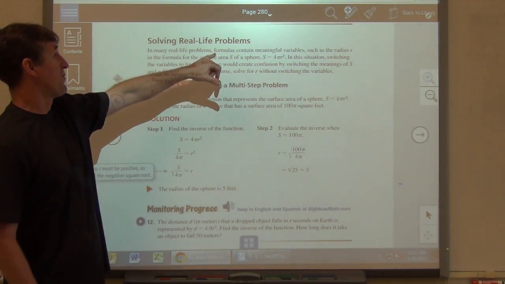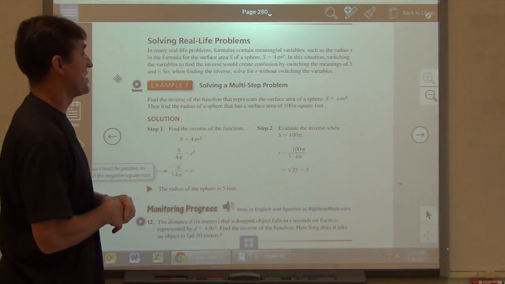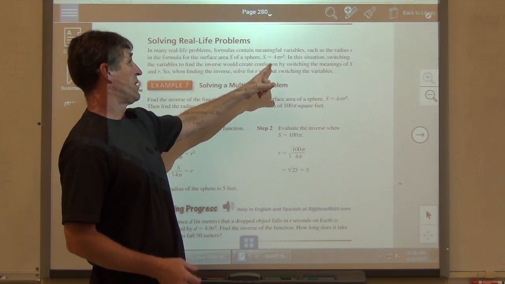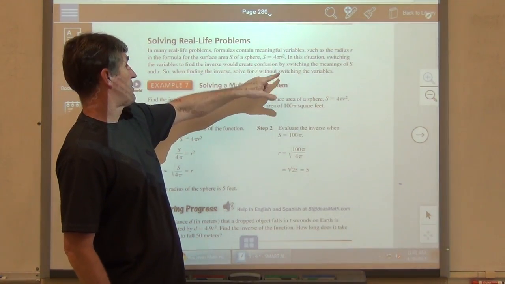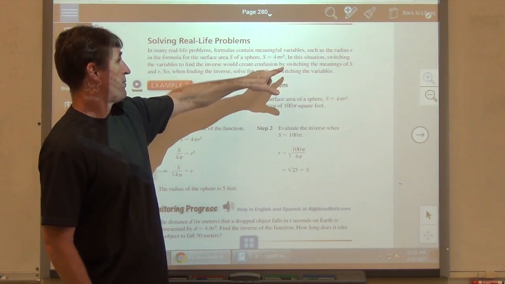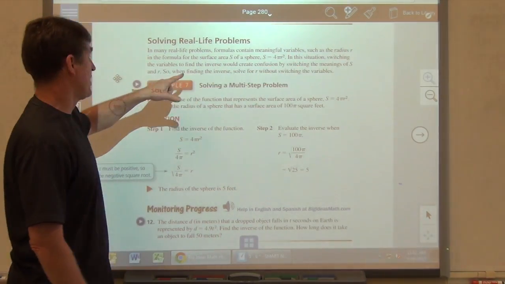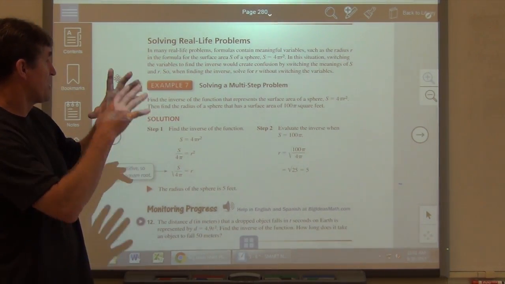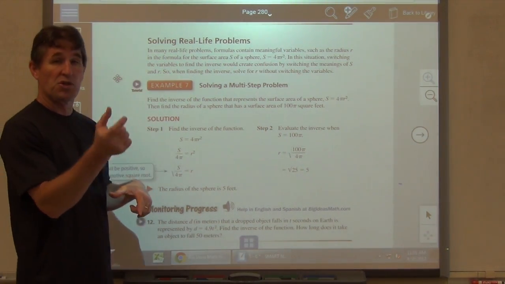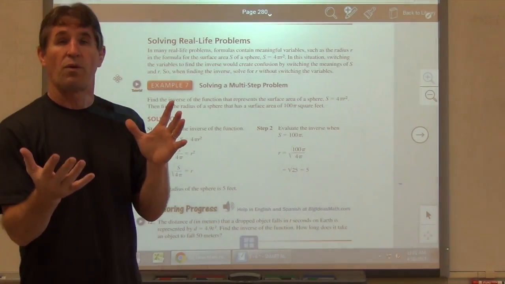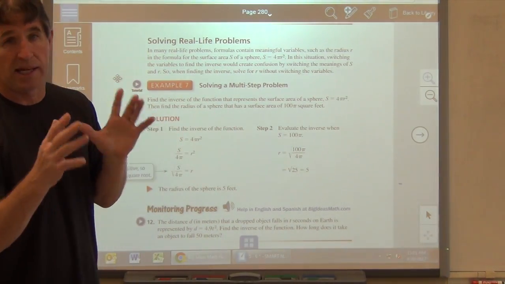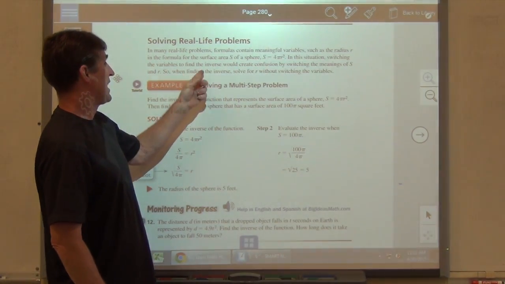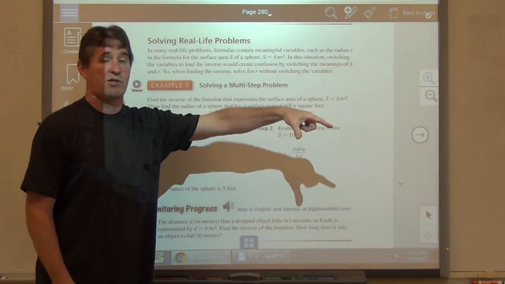In many real life problems, formulas contain meaningful variables such as the radius r in the formula for the surface area S of a sphere, where surface area equals 4 pi r squared. In this situation, switching the variables to find the inverse would cause confusion by switching the meanings of S, which is the surface area, and r, which is radius, because those two things don't represent the same values like they do with the x and the y with numbers. So when finding the inverses, solve for r without switching the variables.